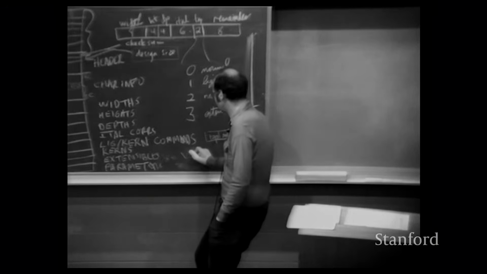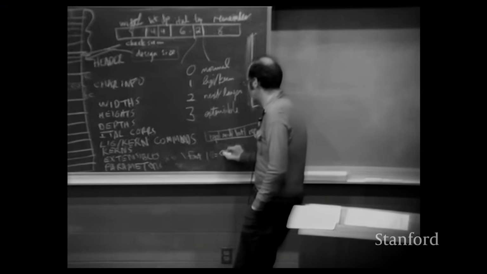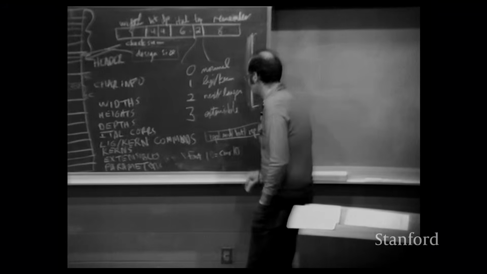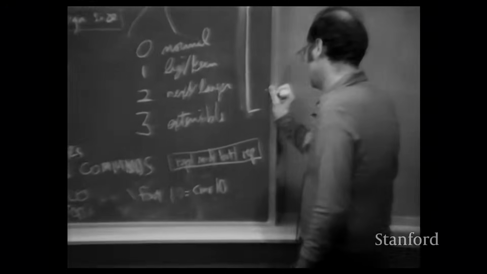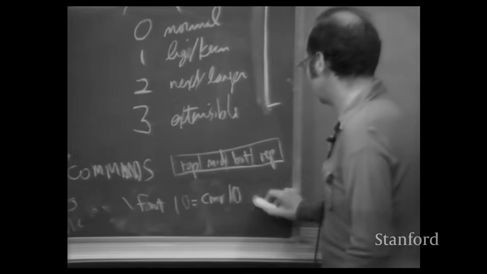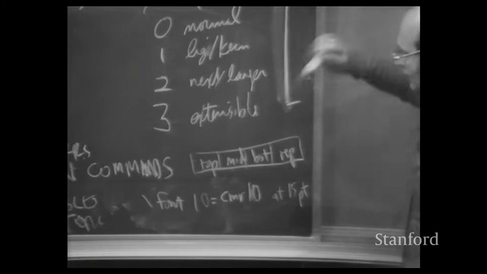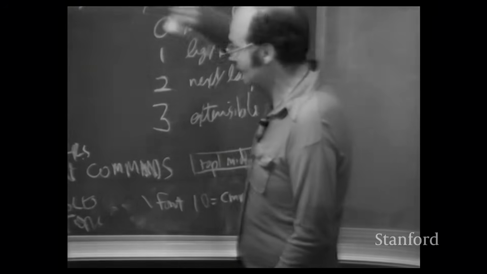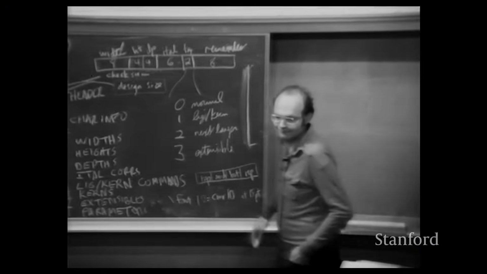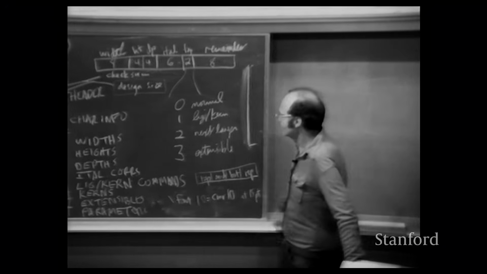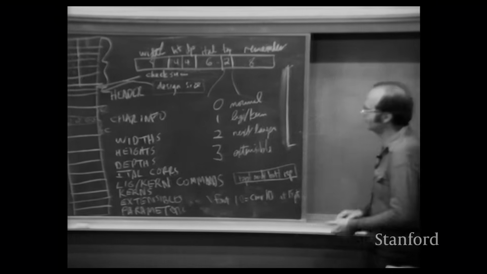So a person writing in TeX will say font 10 equals CMR 10, and its design size happens to be 10, and the design size of CMR 9 happens to be 9. But if he says CMR 10 at 15 point, then TeX just reads in the same TFM file but pretends that 15 was the design size here. And so everything is in a multiple of the design size, so everything gets multiplied by 15 instead.